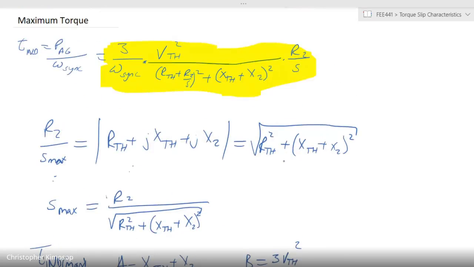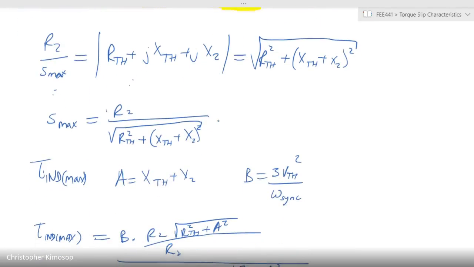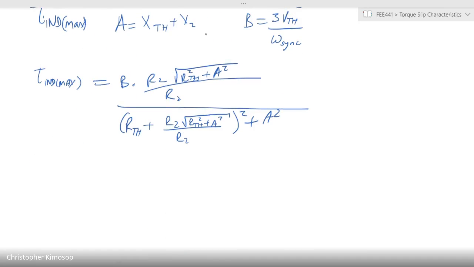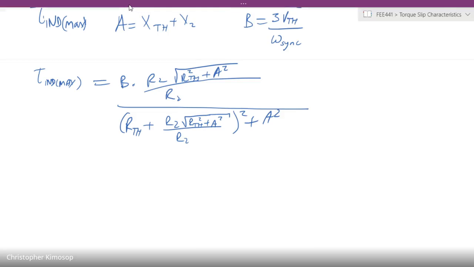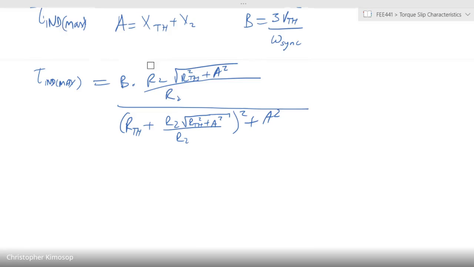Okay, so the maximum, we've taken all of this and made it into B. R2 over S, we've substituted S for S max, which is given by this over here. So because you have R2 over S max becoming this, you can then erase these R2s, which are cancelling out with each other.